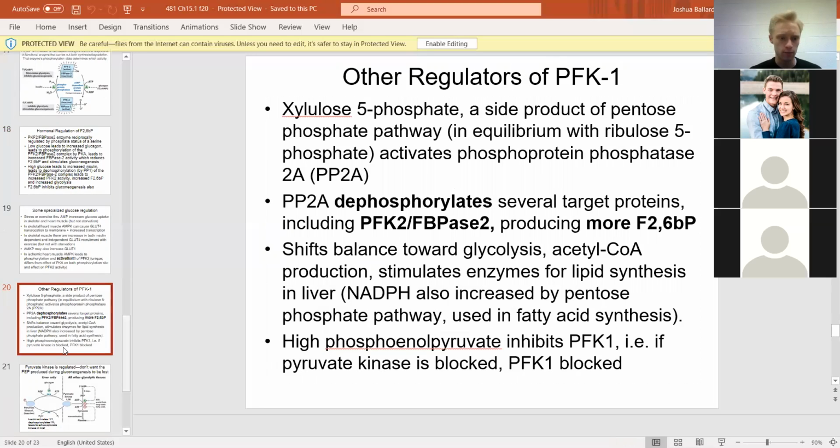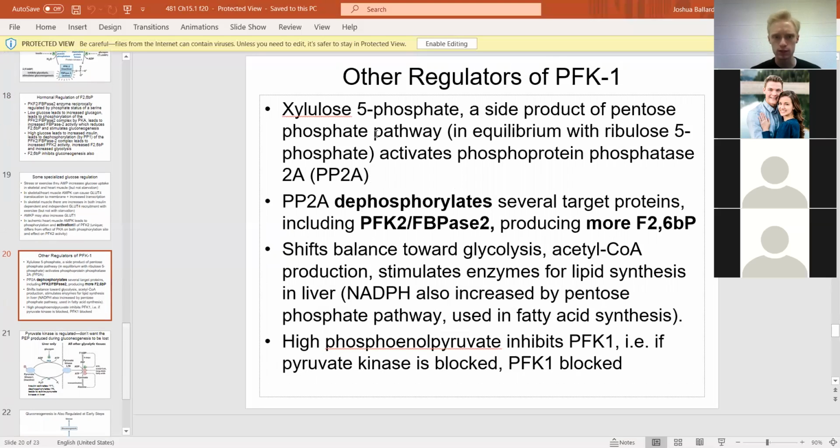This one includes a lot of bolded points. Xylulose 5-phosphate, which is a side product of the pentose phosphate pathway, activates PP2A, and PP2A dephosphorylates target proteins, just like this base we were referring to here, and this activates fructose 2,6-bisphosphate.